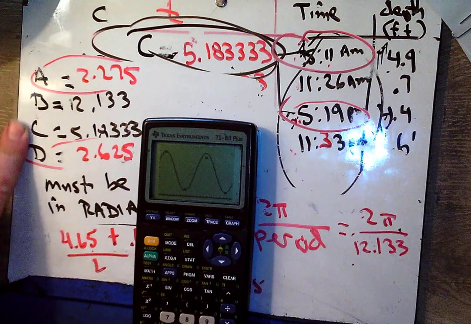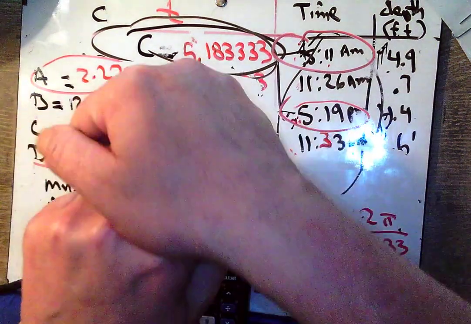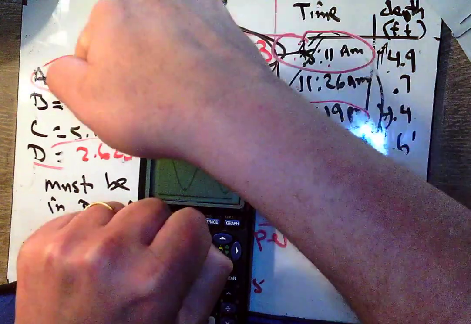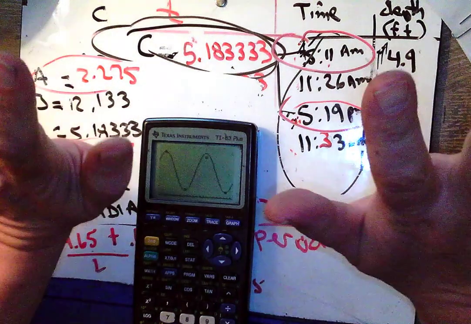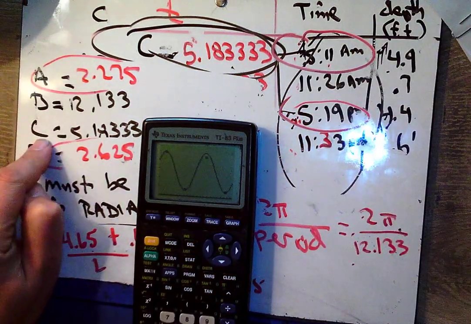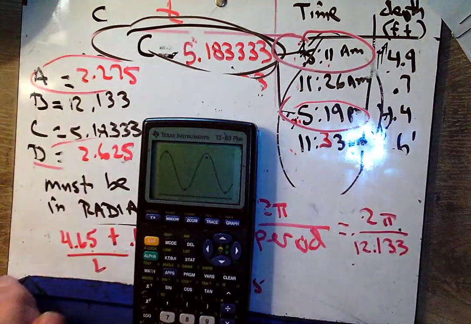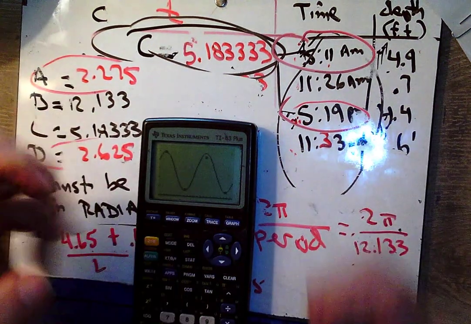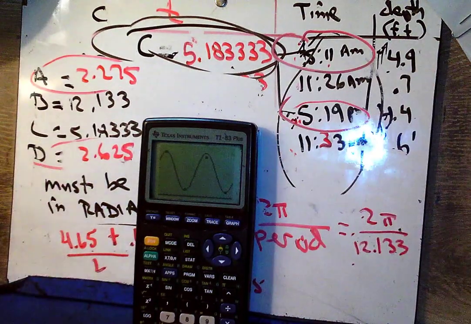All of these values represent different types of transformations. My A value is a vertical stretch or vertical compression. My D value is shoving the whole graph up or pulling the whole graph down. C value is shoving the graph to the right or to the left. And my B value is playing the accordion. It's stretching horizontally, it's compressing horizontally.